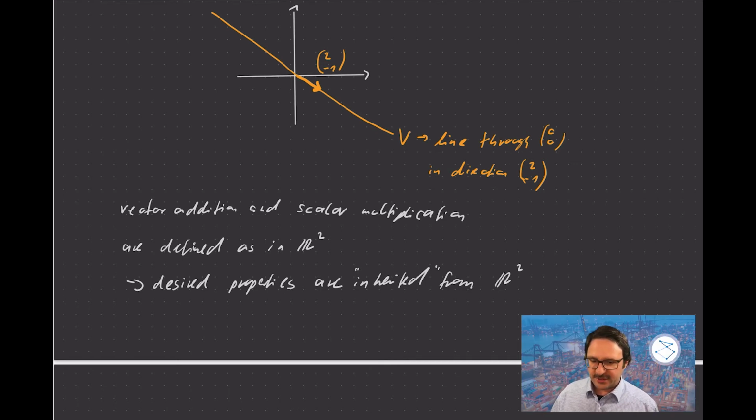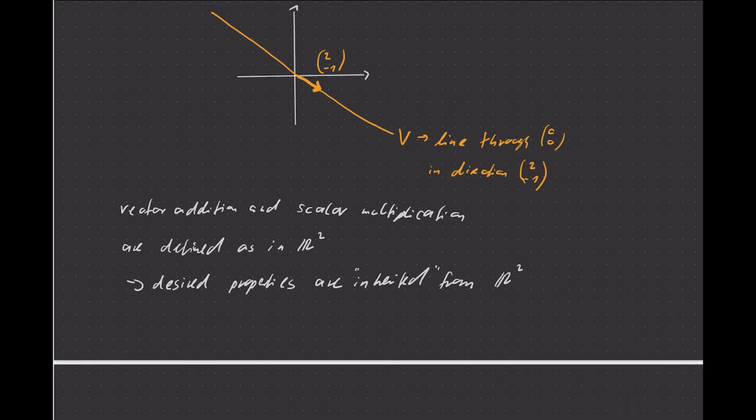The only open question here is, if we apply the operation to vectors in V, will the result actually be in V? Or will it be somewhere else? We could end up somewhere in R^2, will surely be in R^2, but maybe not in V anymore. So that is basically the only point we'll have to care about. If the operations actually keep us in that set V, then V surely is a vector space, because all the nice properties of the operations are inherited from R^2, from the larger vector space.